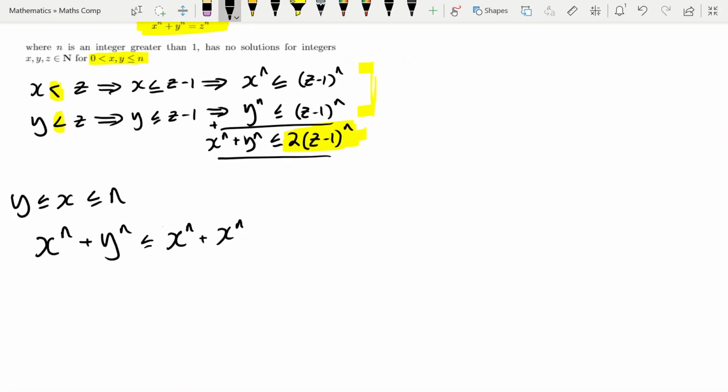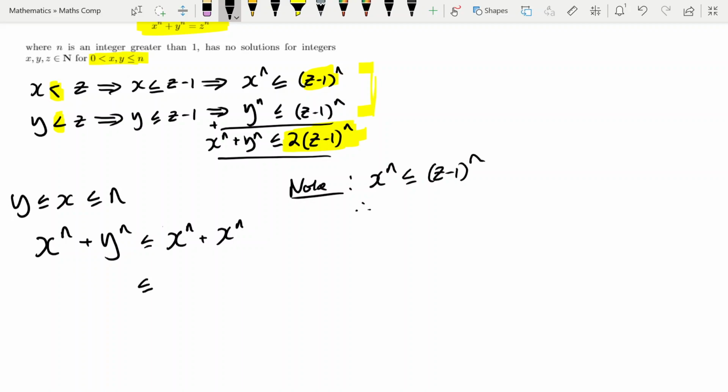And we can replace x to the n with this inequality up here. We know from this inequality here, note, x to the n is less than or equal to z minus 1 to the n.